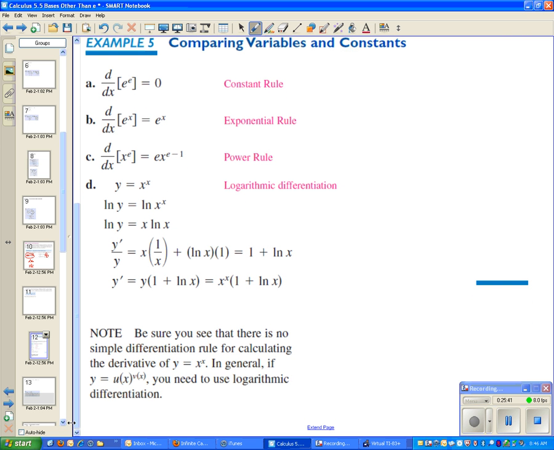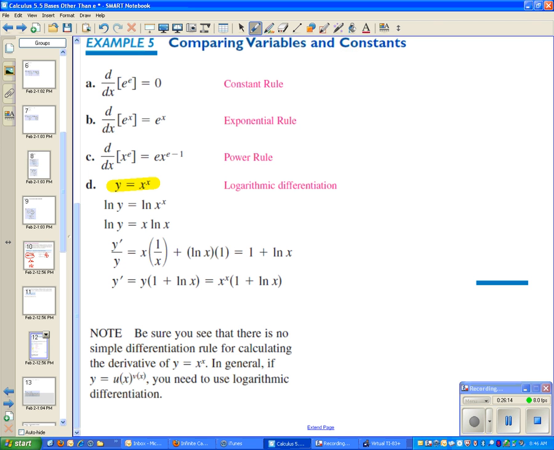Note, be sure you see that there is no simple differentiation rule for calculating the derivative of y equals x to the x. In general, if y equals u of x to the v of x, you need to use logarithmic differentiation. We don't know how to handle that, okay?